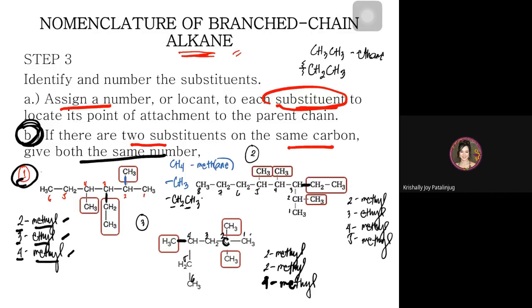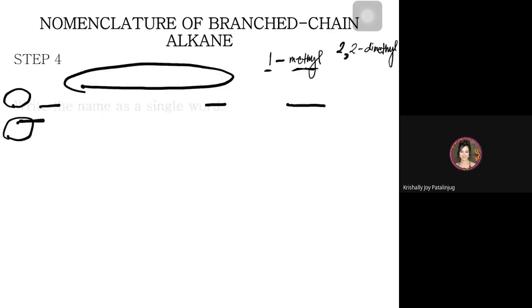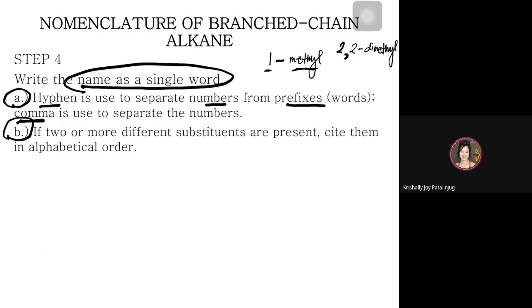Now, upon writing the whole name, alphabetize them. So the different substituents are in alphabetical order upon writing their name. Between ethyl and methyl, of course, ethyl comes first, followed by methyl. Between isopropyl and ethyl, which comes first? Of course ethyl, followed by isopropyl. So, alphabetical. That is what letter B means.